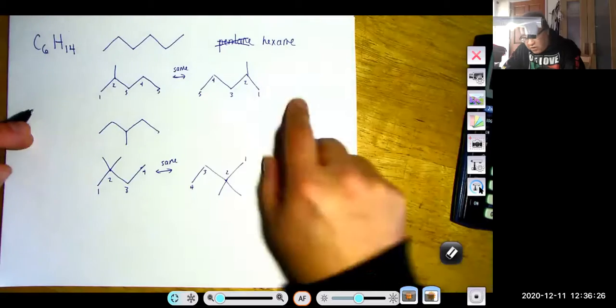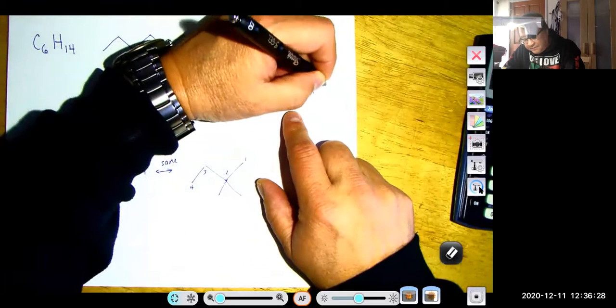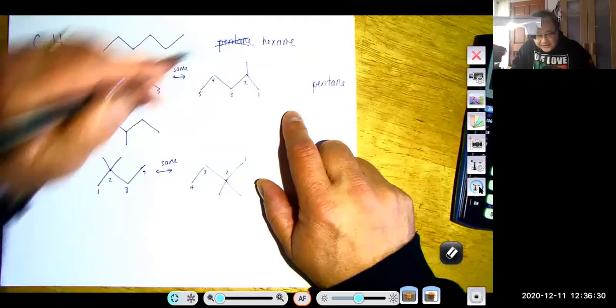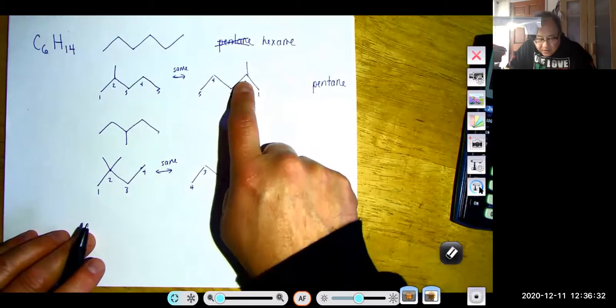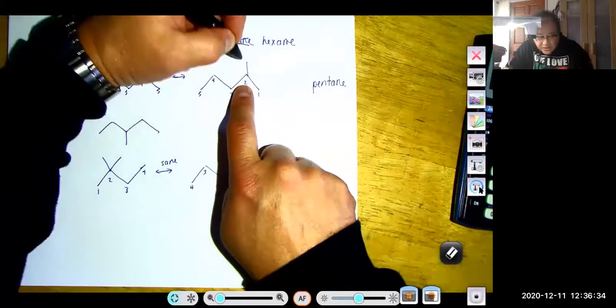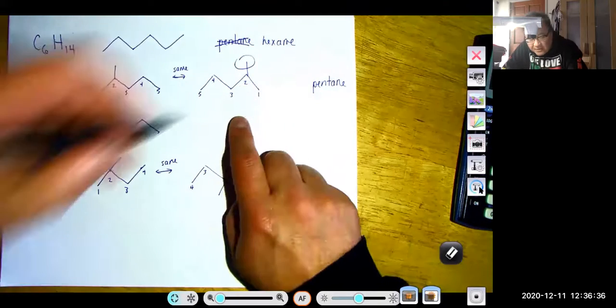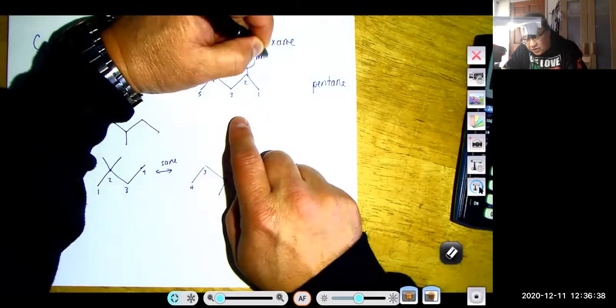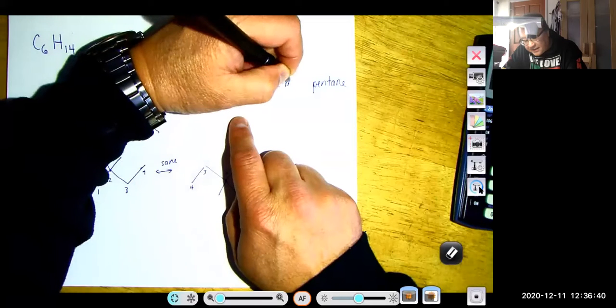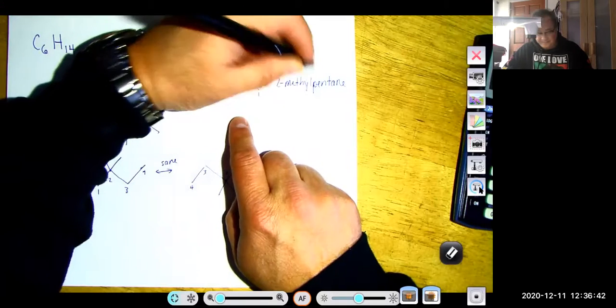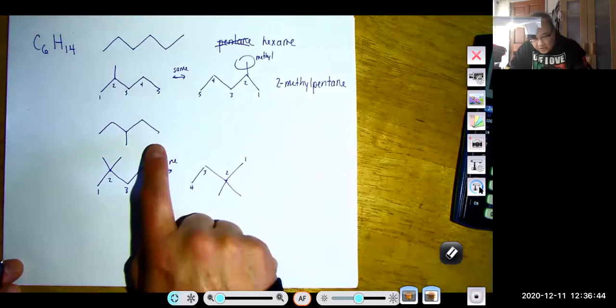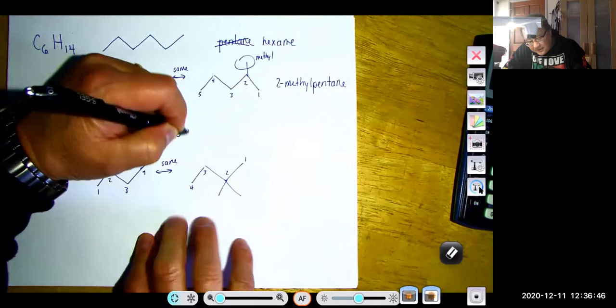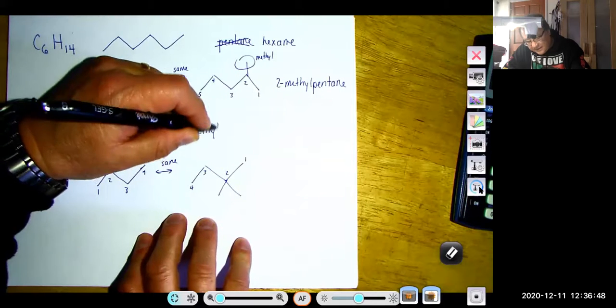These guys are all called pentane as the parent name. And since this guy here is on 2, this is called a methyl. This is called 2-methylpentane. This would be called 3-methylpentane.